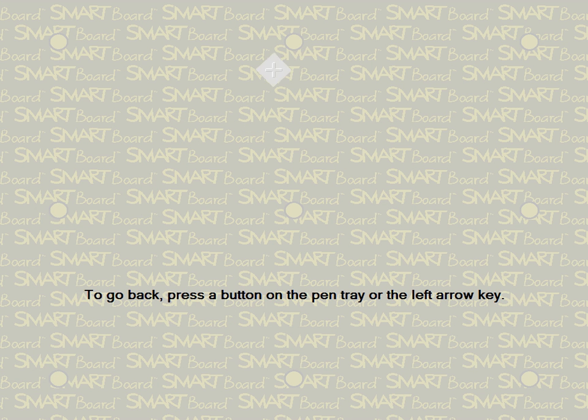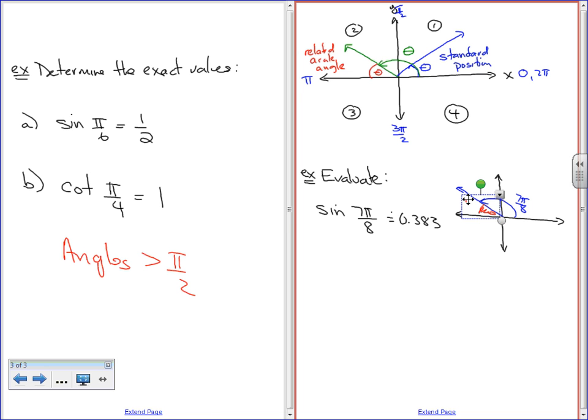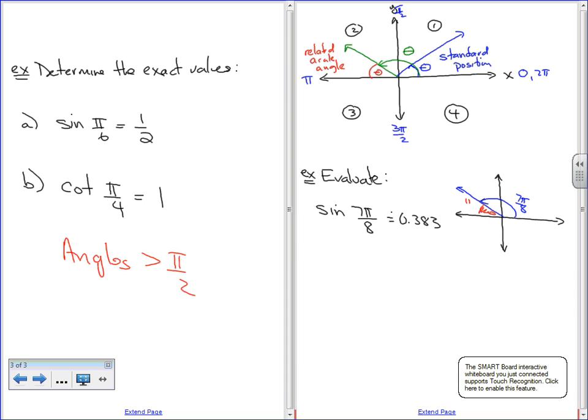Jordan got that because 7 pi over 8 plus pi over 8 would give you pi, and that would give you on this terminal arm right back up to here. Perfect. So that's pi over 8.